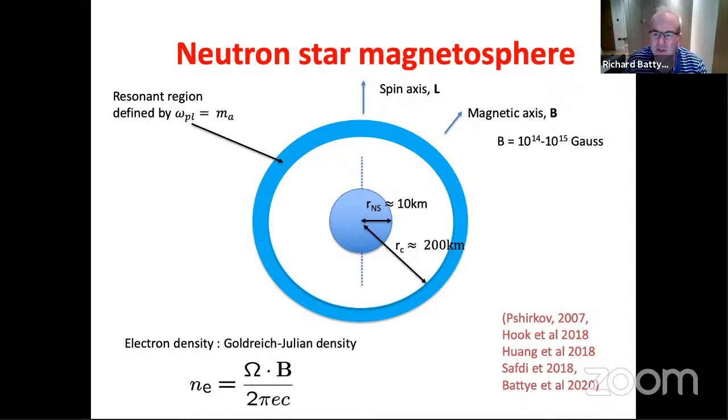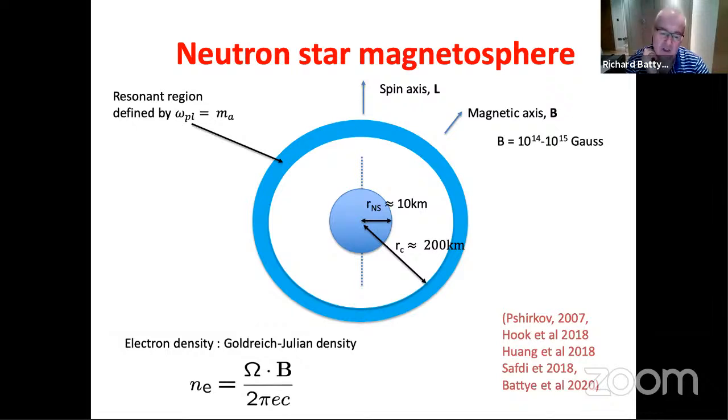They tend to spin and have a magnetic axis, often associated with regular pulsing of radio emission. One can model and measure the magnetic fields, and people come up with numbers of order 10 to the 14 to 10 to the 15 Gauss.